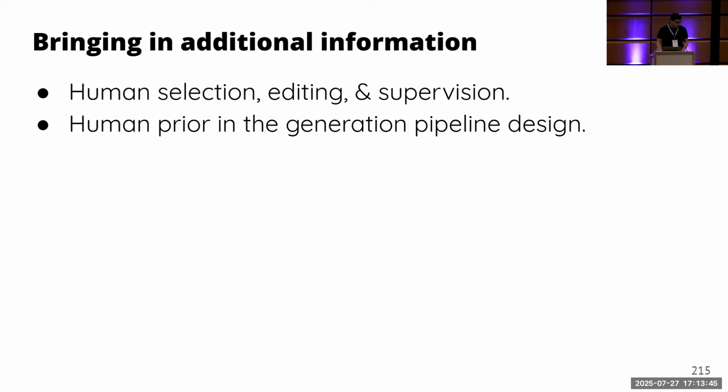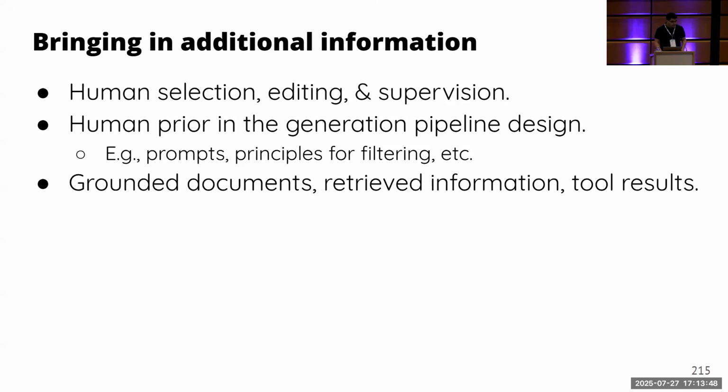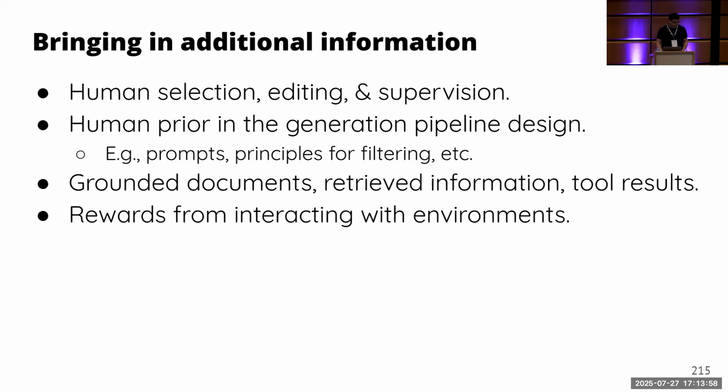It may also include the grounded documents, retrieved information, and tool use results, like our early presenters have shown in transforming existing data. And lastly, I also want to draw the connection between synthetic data and reinforcement learning, because in reinforcement learning, the model generates the data and gets external rewards from interacting with the environment immediately.